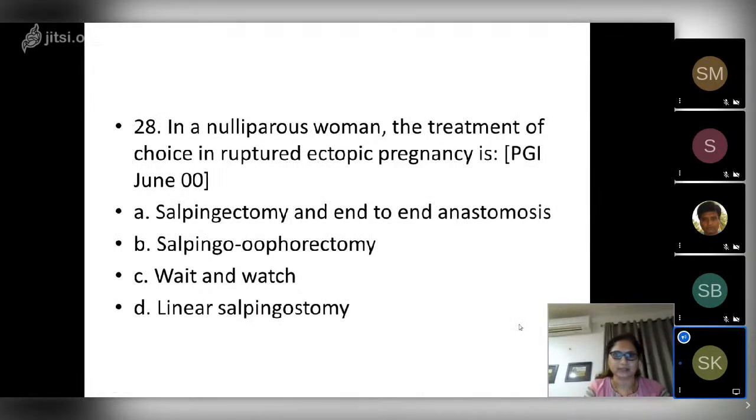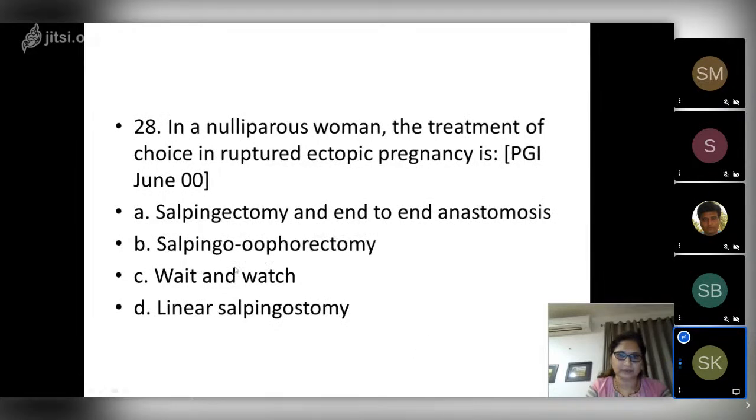Now the next question. In a nulliparous woman, the treatment of choice in ruptured ectopic pregnancy is: salpingectomy and end-to-end anastomosis, salpingo-oophorectomy, wait and watch, or linear salpingostomy. Yes, students? B and C are ruled out, of course, is it not?